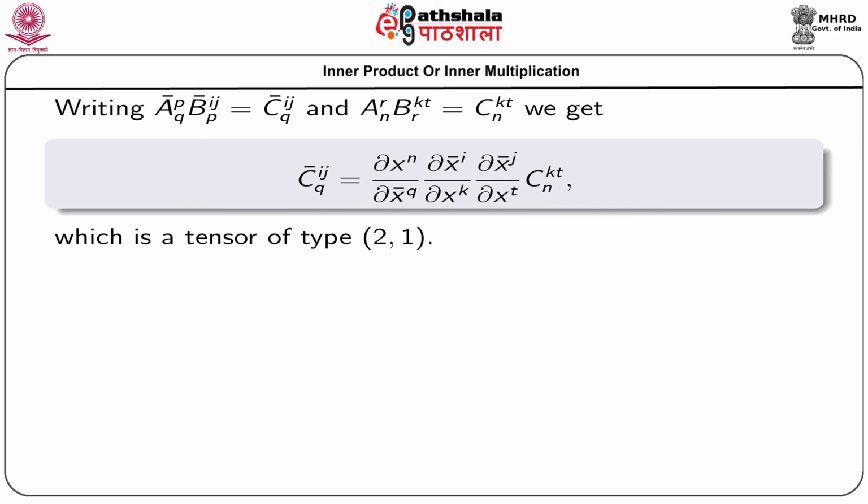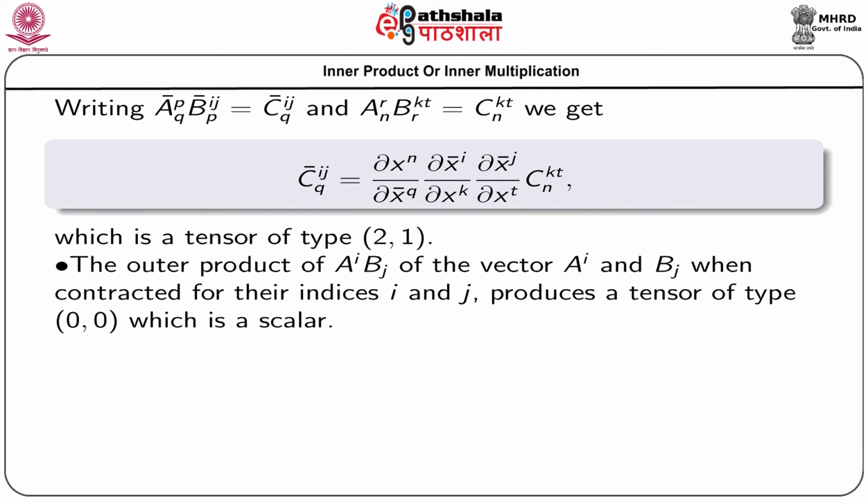So, the inner product of the tensors with components A^{pq} and B^{ij}_l is a tensor of type (2,1).